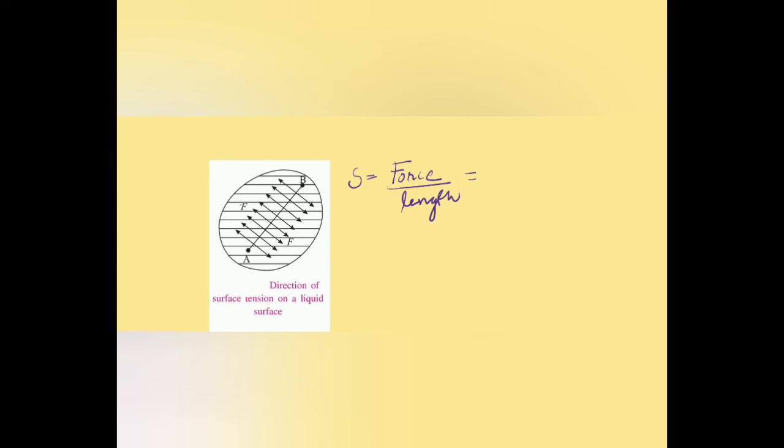So what is its unit? Its SI unit is, you know that force unit is Newton, and length is meter, so Newton per meter. Then what is its dimension? Force dimension is M1 L1 T minus 2, then divided by L1.